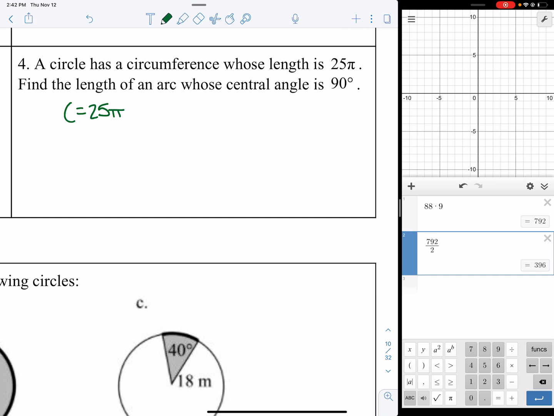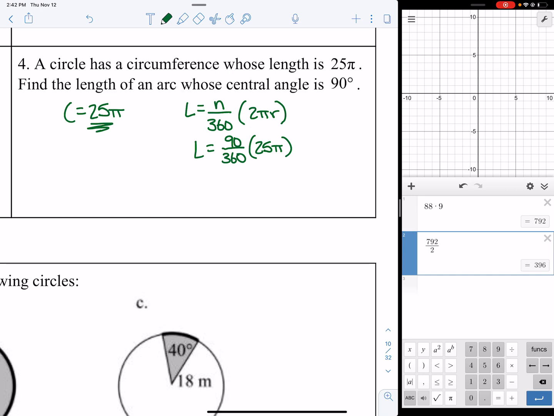The length of the arc. So remember, arc length is the measure of the arc over 360 times the circumference, which is normally 2 pi r, but they gave us that already as a 25 pi, so we could just plug that in. Plug in the 90 degrees for the measure of the arc, and that way we can just go from there.